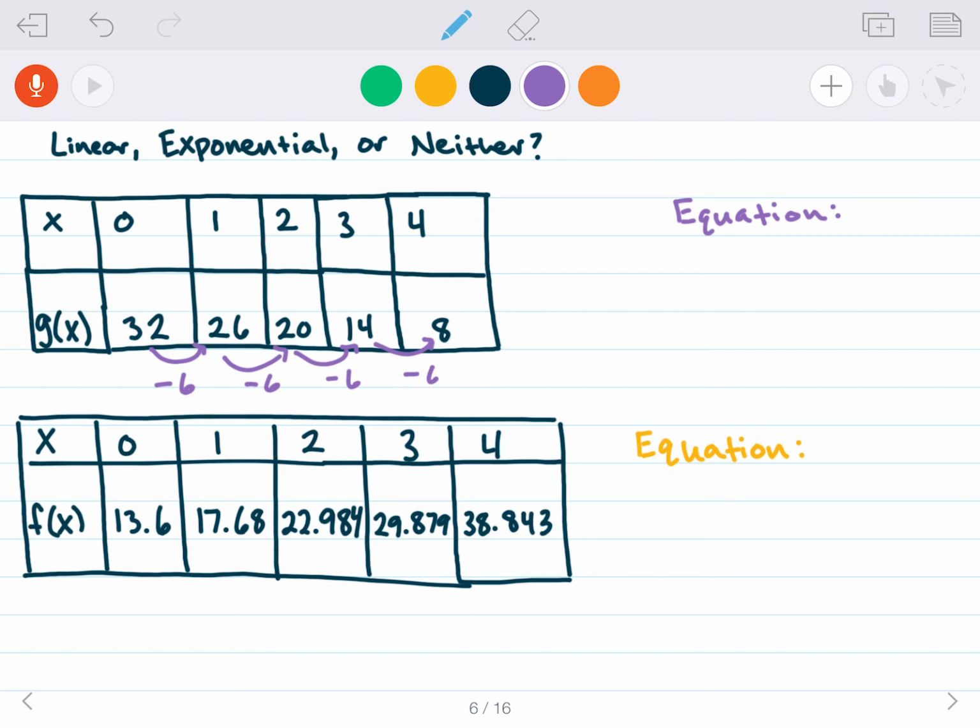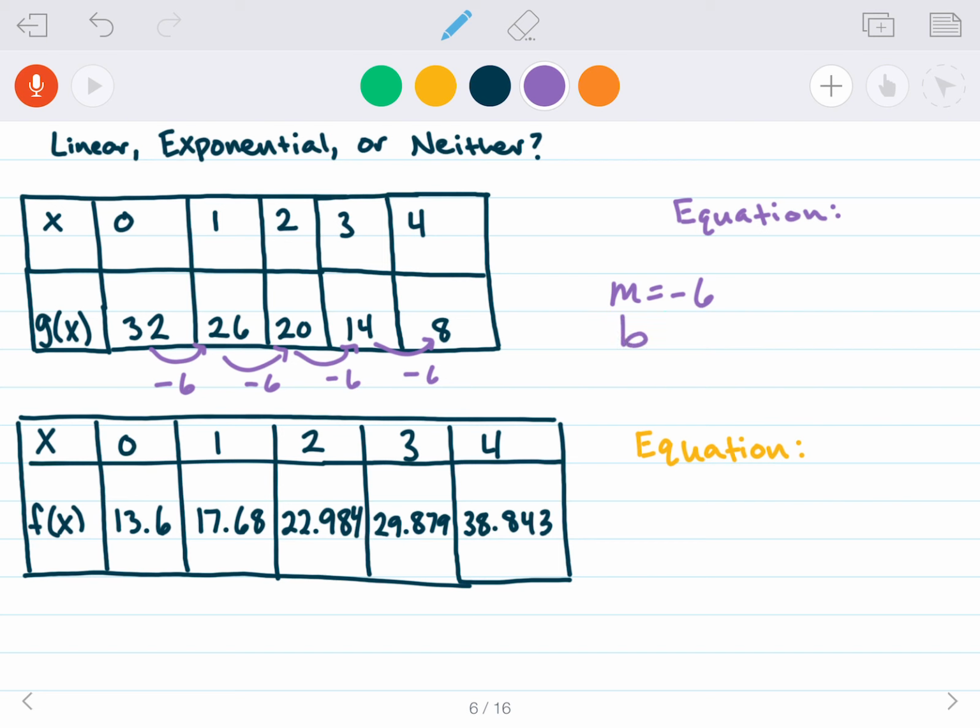So this is linear because we're decreasing by a set amount. We're subtracting. So adding and subtracting, linear. Multiplication, dividing, exponential. All right. So as time goes on, we're decreasing by 6 units per unit of time. So our slope is going to be -6, okay? Because we're decreasing.